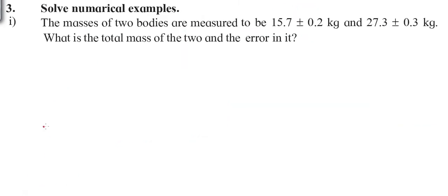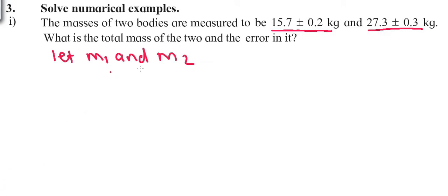Question number 3. Solve the numerical example. The masses of two bodies are measured to be 15.7 plus or minus 0.2 kg and 27.3 plus or minus 0.3 kg. What is the total mass of the two and the error in it? Let m1 and m2 be the masses of two bodies.